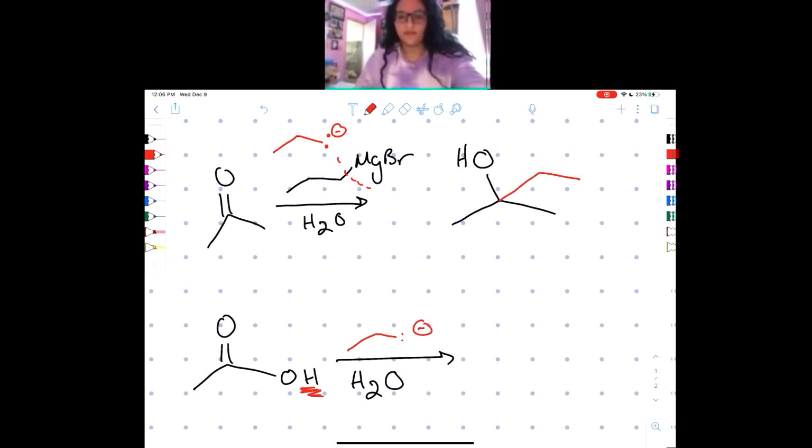I want everyone else to think about it. If we have an acidic hydrogen and a super strong negative charge that can work as either a nucleophile or a base, what kind of reaction do we think is going to happen instead of the Grignard reaction? Not necessarily SN2. It's just mostly going to be acid-base chemistry, correct?